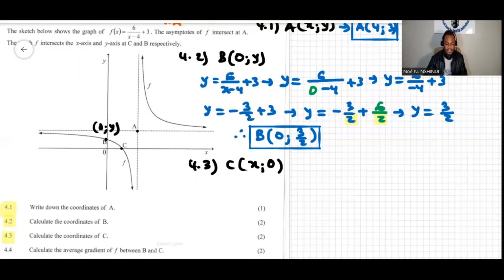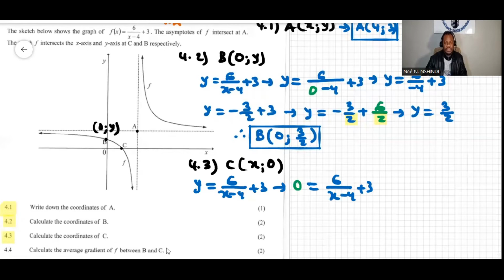Now, x-intercept simply implies make y equal to 0, because we have y equal to 6 over x minus 4 plus 3. So in this situation, we're going to make y equal to 0 and then solve for x.